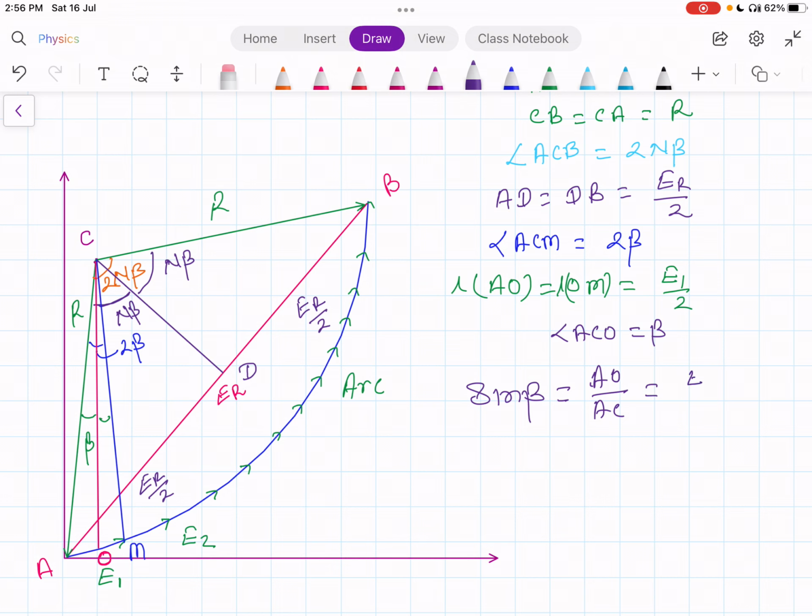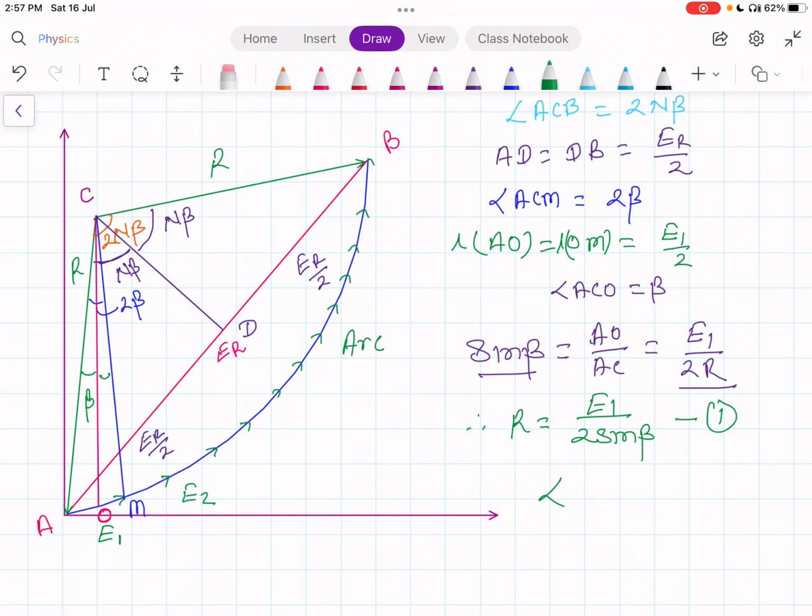AO is E1 by 2 and AC is R. So sine beta is equal to E1 upon 2R, and hence R is equal to E1 upon 2 sine beta. This is equation 1.